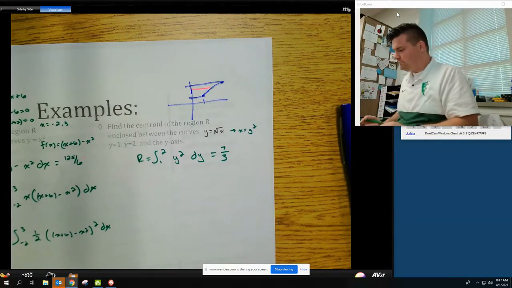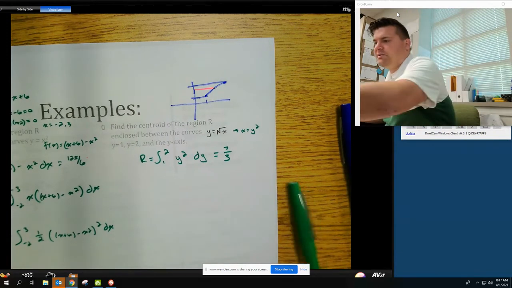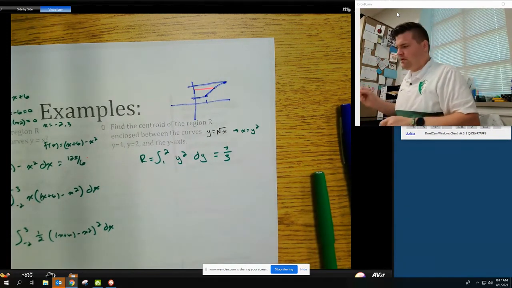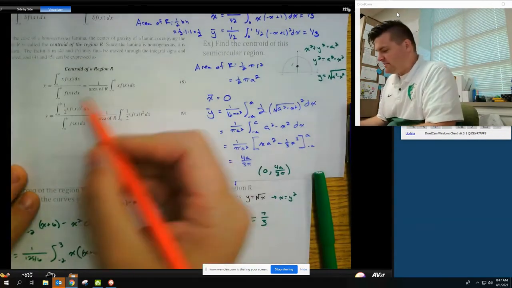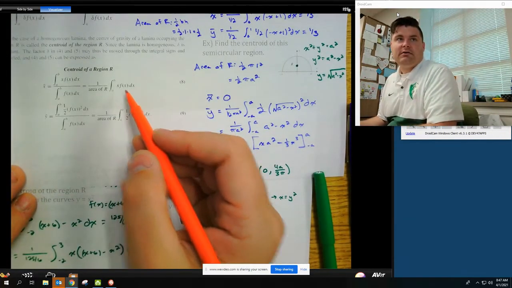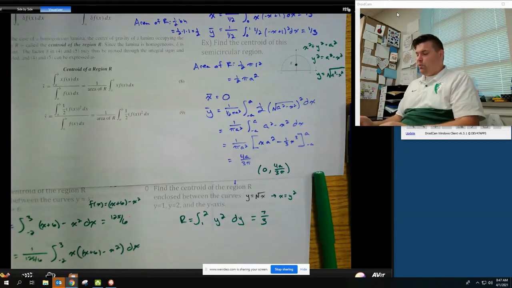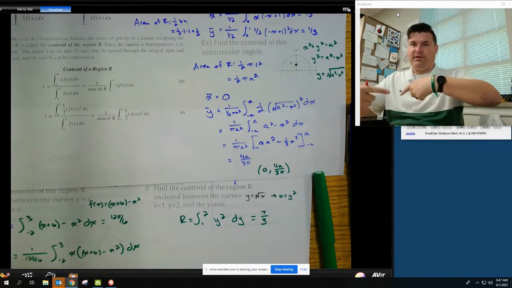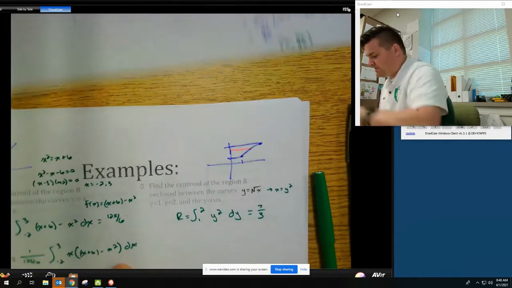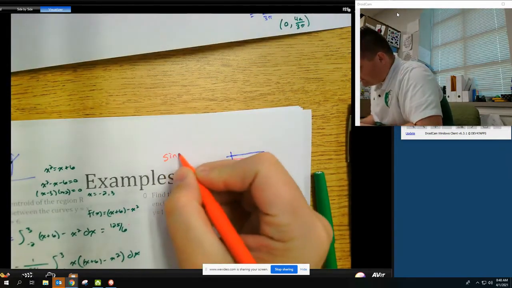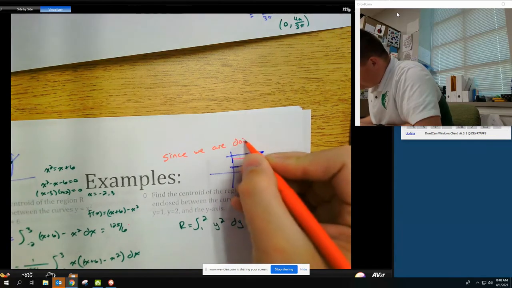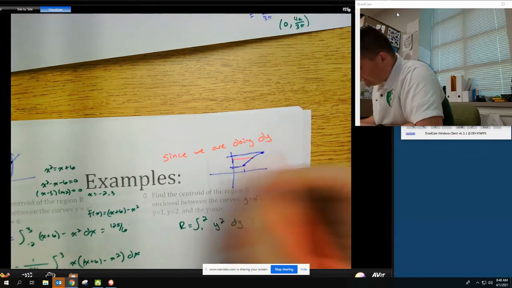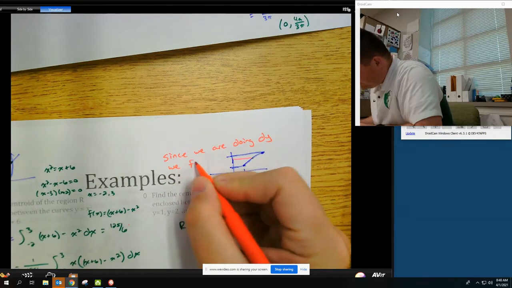Now here's the kicker. This is why we're doing this problem. If you look at these formulas up here, they're all in dx. If you do dy, you need to flip the formulas. So since we are doing dy, we flip the formulas.